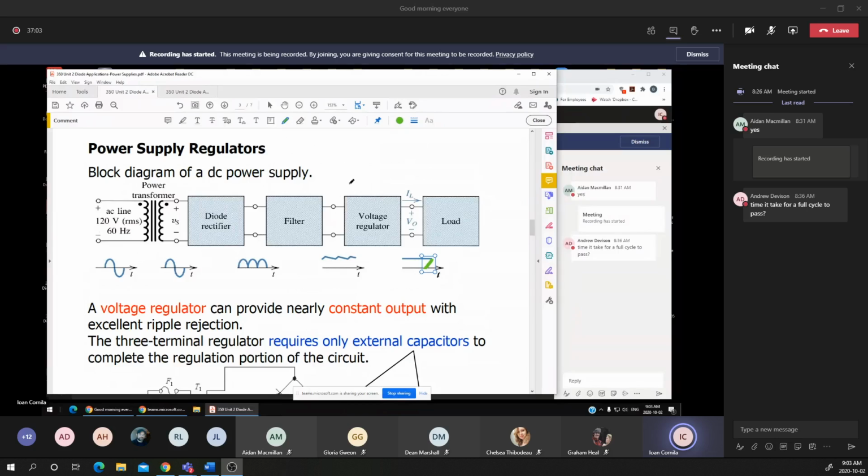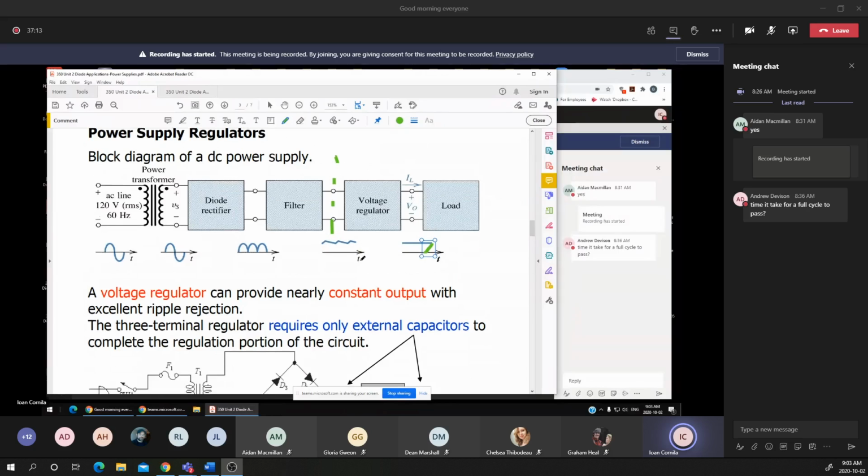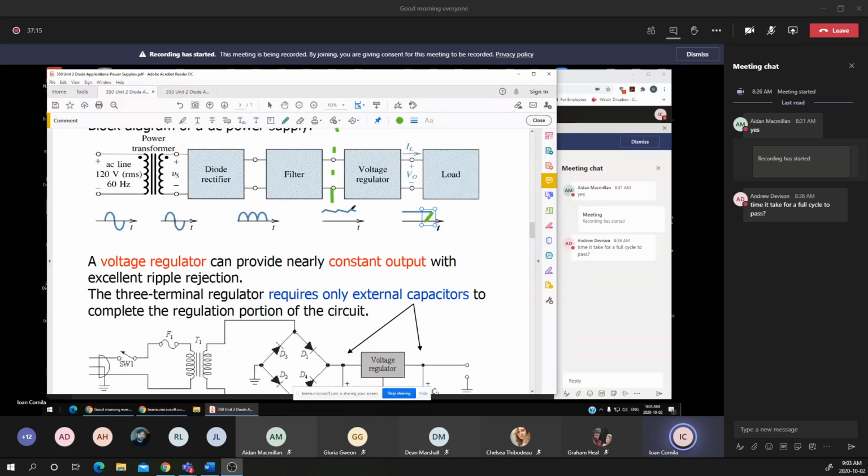Now, I'm focusing on those voltage regulators. We cover everything up to this point, meaning that we make a very nice smooth output voltage with a very small ripple. Now we are looking to have a constant voltage using a voltage regulator.